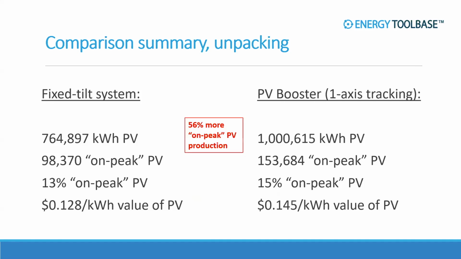So that translates to a 56% increase in on-peak production. Again, 31% increase in total PV production, but so much more is happening in that on-peak window, which is really driving that math. There's one last thing I want to throw in here.